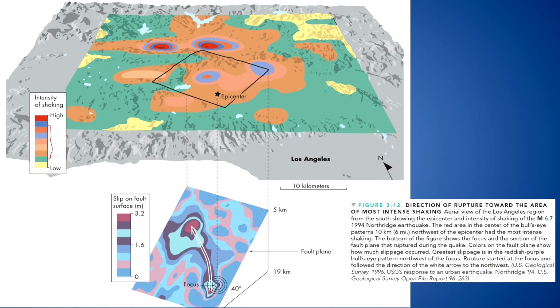So even if you are located in the epicentral area, but the soil conditions are good or the rock conditions are good, which will result in less amplification of the waves or of the intensity of shaking, you are safe. But if you are located even away from the epicentral region, but the site condition is ideal for amplifying the seismic waves, you may experience higher intensity of ground shaking.